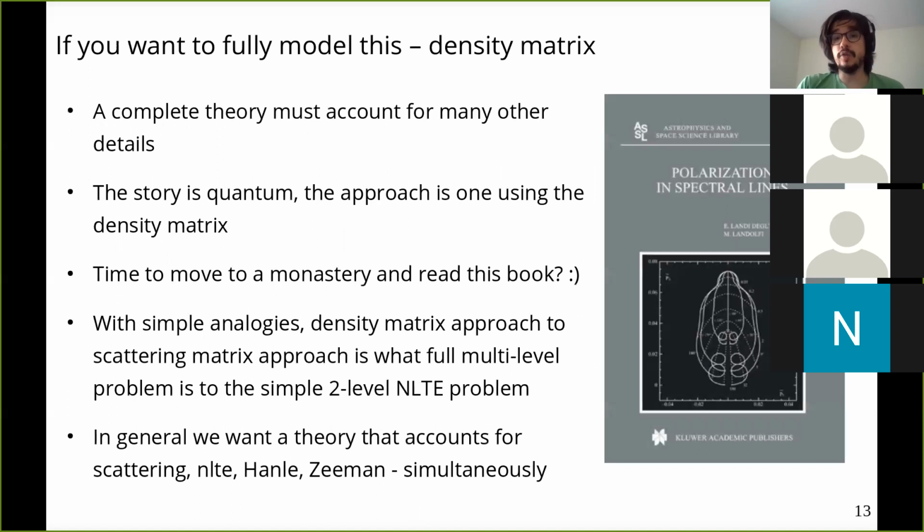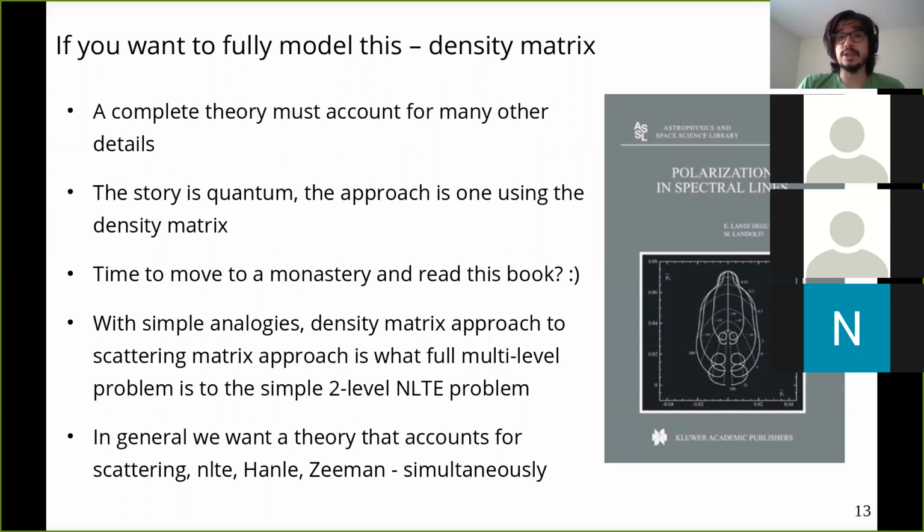Okay, so if you want to fully understand and fully model this, you have to take the path of the so-called density matrix. The density matrix basically fully accounts for all the interaction between the radiation and the Zeeman sublevels of both the upper and the lower level. It's not very obvious, but what we did just now with the scattering matrix would just take into account the polarization of the higher level, not really of the lower level.